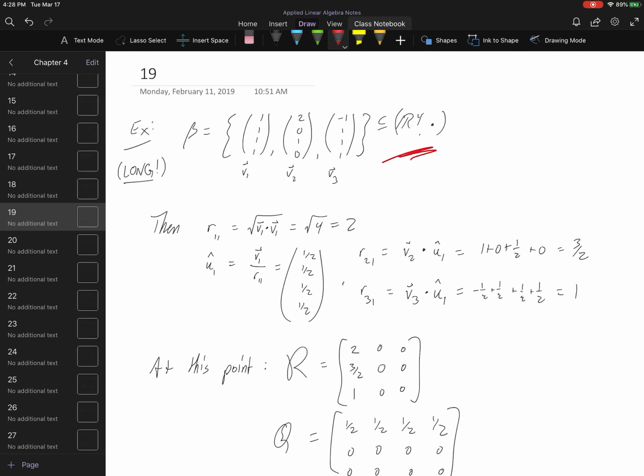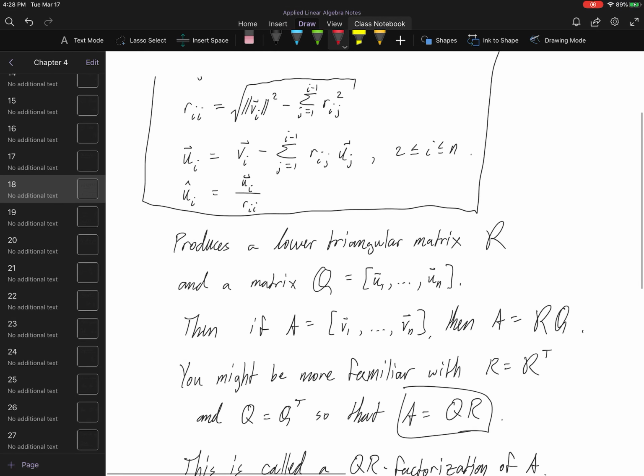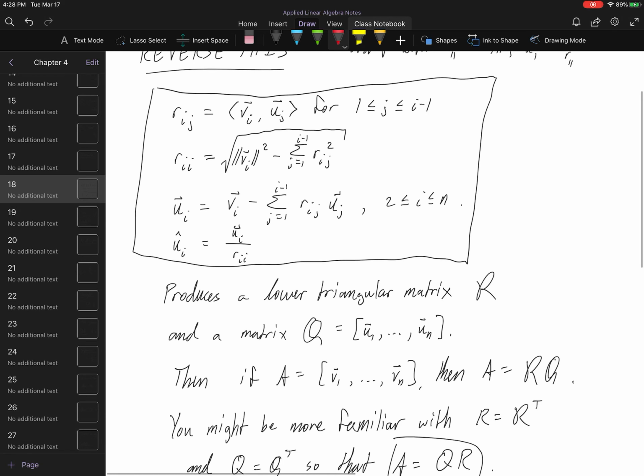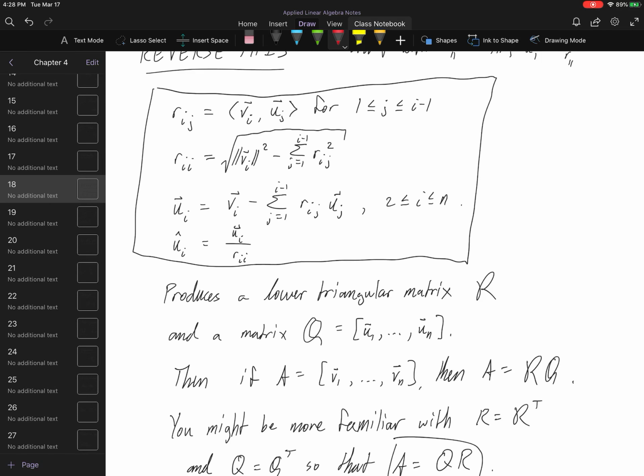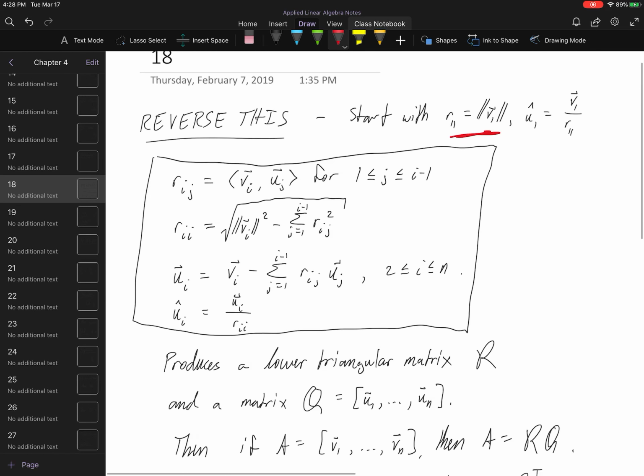We have 3 vectors sitting as a collection of independent vectors in R4, and R4 has the standard dot product as its inner product. What we're going to do is implement this box on the previous page.